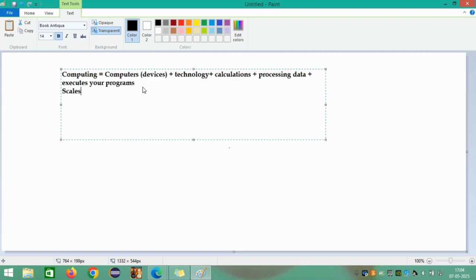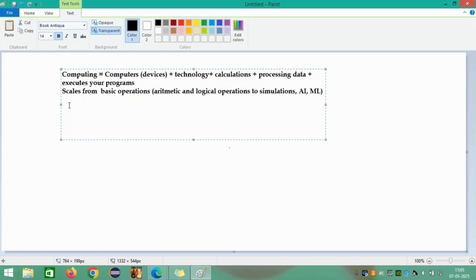So it scales from basic arithmetic operations and logical operations to simulations, artificial intelligence, and machine learning.